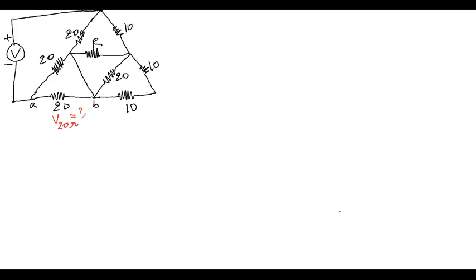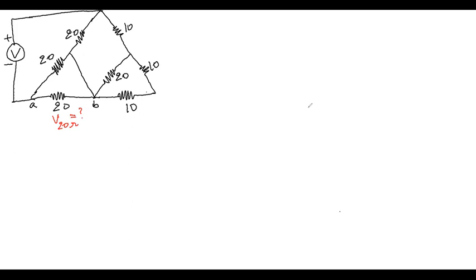Before we simplify the network, there is one piece of information about R. We're told that R is infinity. R is infinity means this is an open circuit, so this resistor can be replaced with an open circuit. So let's do that first. R is infinity, so we don't have any resistor there.